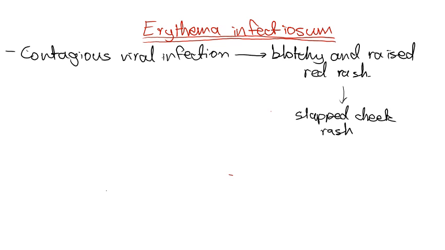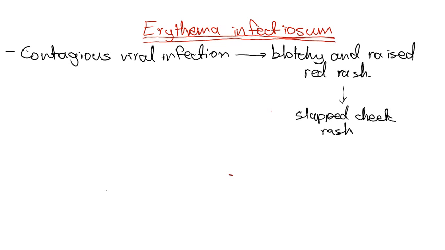So slapped cheek rashes are present on the face, and they look like the person has been slapped by another person, because in that case their cheeks look very red, and there might be lines present as well. Those rashes may be present in lines. So usually on children, when you see a slapped cheek rash, it can be attributed to erythema infectiosum.